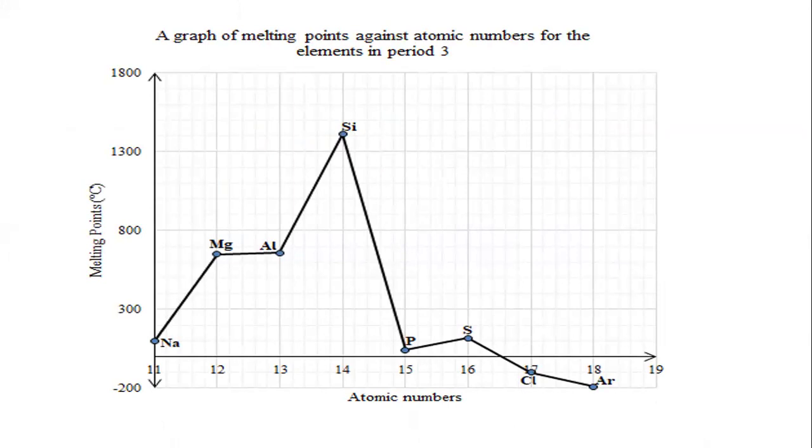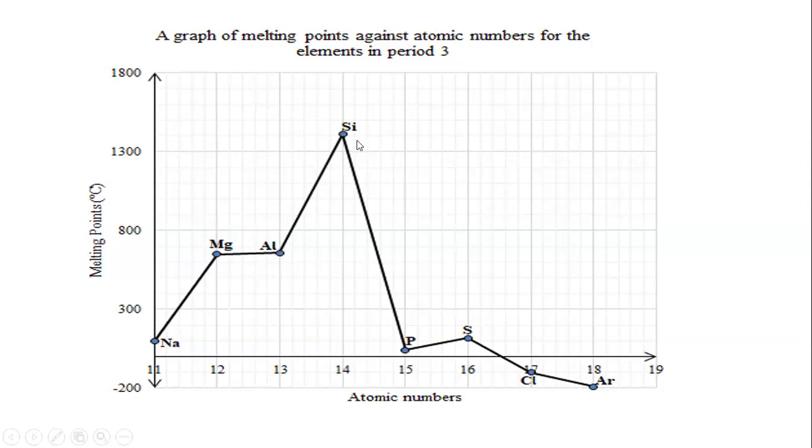When you try to look at this graph, sodium, magnesium, aluminum, up to silicon, the melting point is increasing, but between magnesium and aluminum, the melting point is almost the same. Increases slightly. There's a reason.